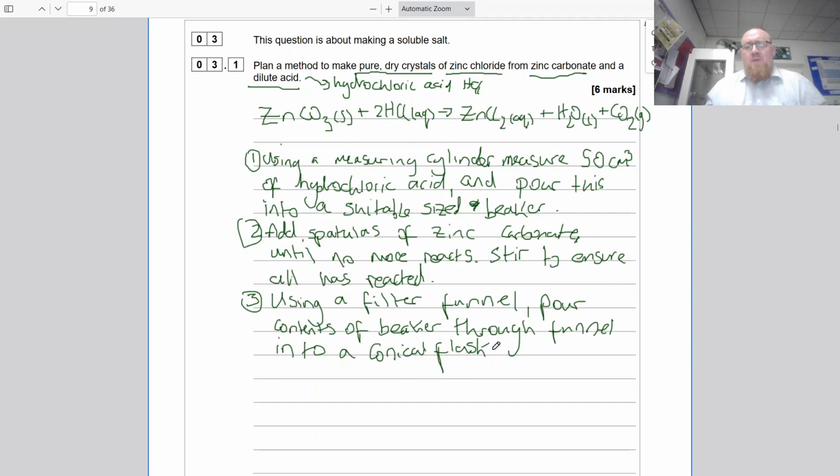So what we now have is a solution of zinc chloride. We've got rid of the solid zinc carbonate because it's come out through the filter. And what I'm going to do is pour the conical flask contents into an evaporating basin.